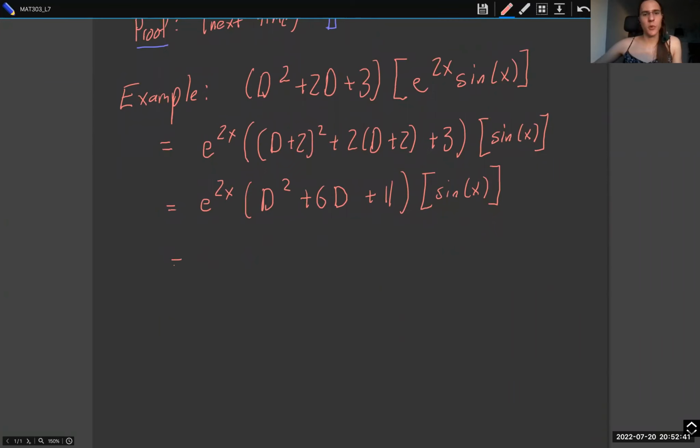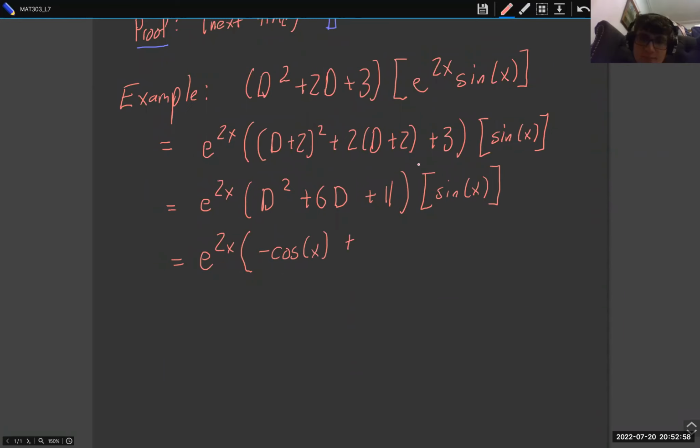So what that's equal to, and now we just do it. If you differentiate sine twice, you get minus sine. Sorry, minus sine. Thank you.